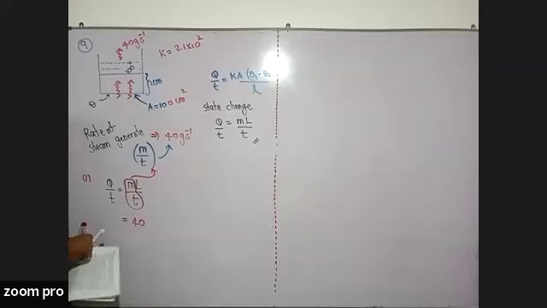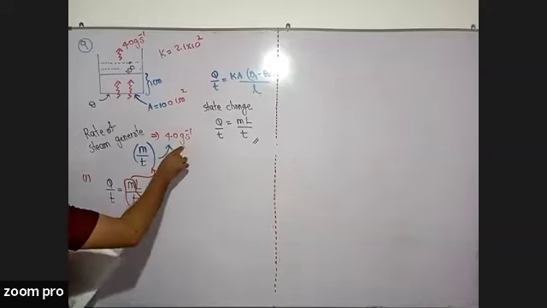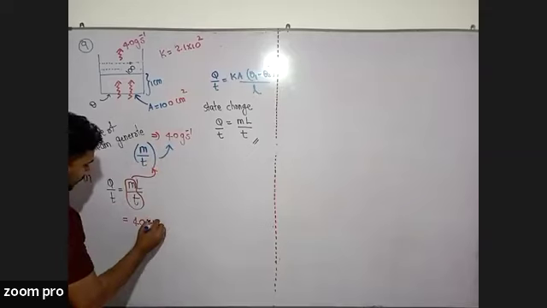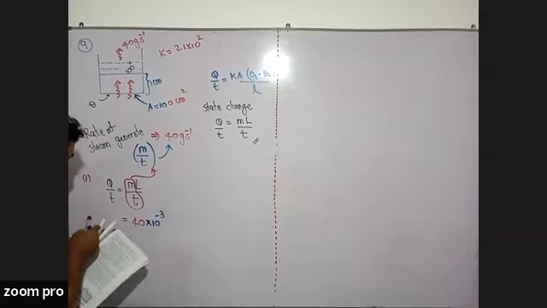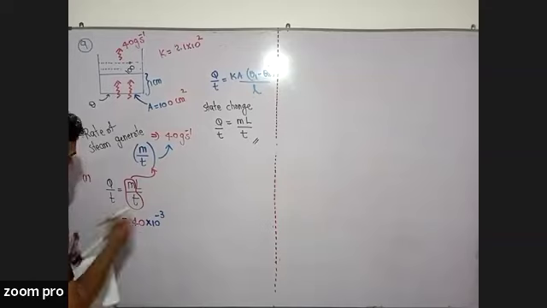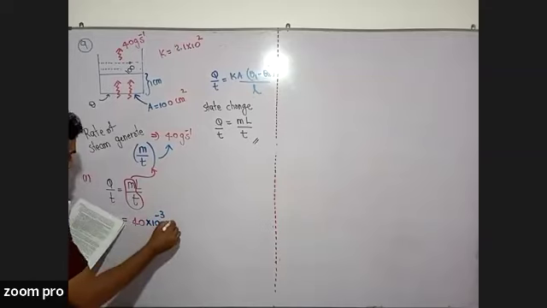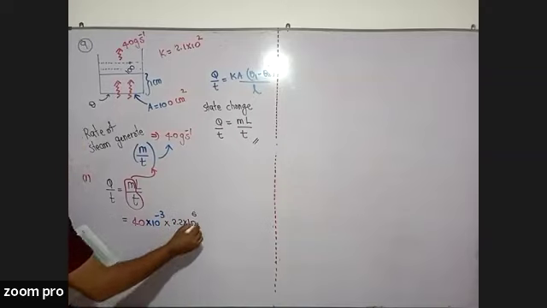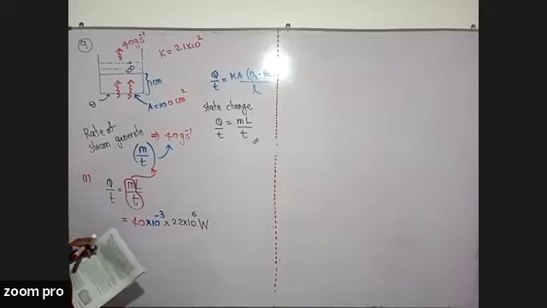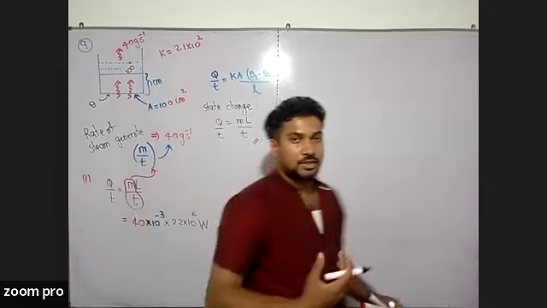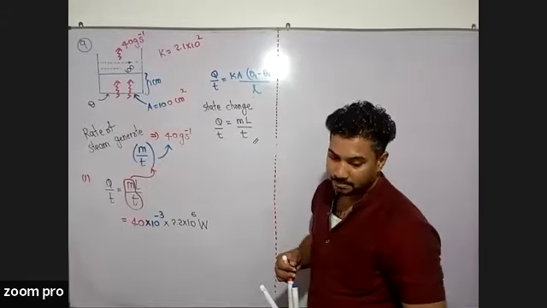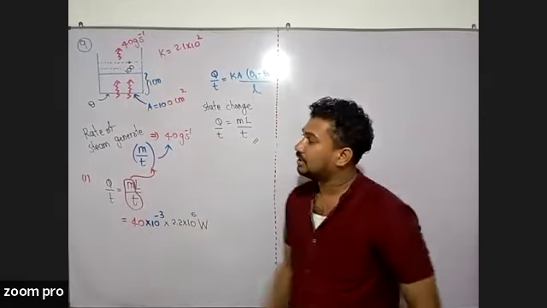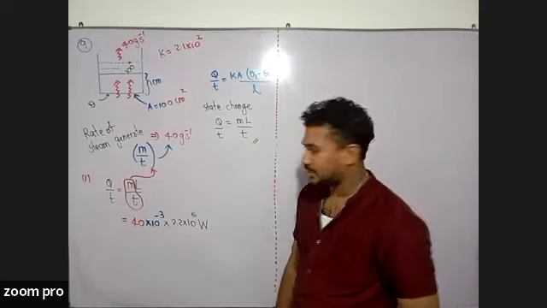So in order to convert this gram into kilogram, you have to multiply the given value by 10 to the power minus 3, right? Then substitute this L. L should be equal to 2.2 into 10 to the power 6, right? So guys, this is the rate of heat absorption for the steam generation, right? So then we can assume that this is the rate of heat flow through this bottom of the boiler, isn't it?